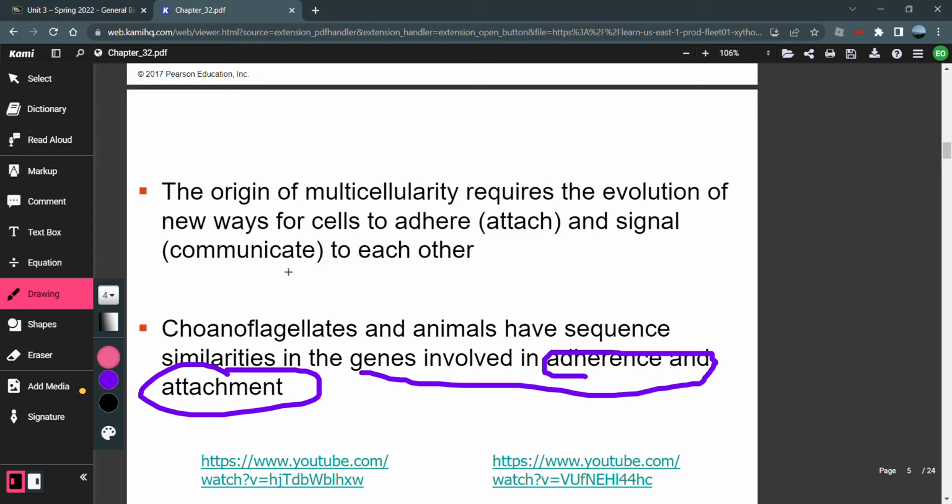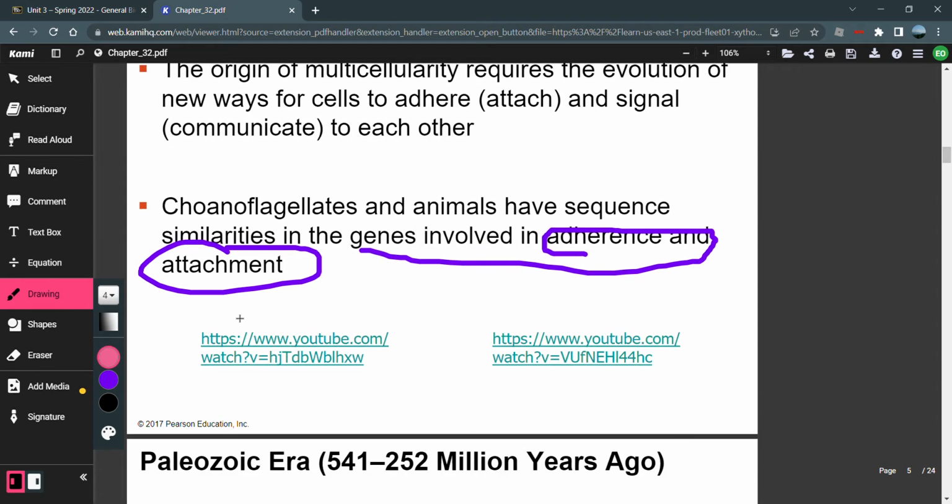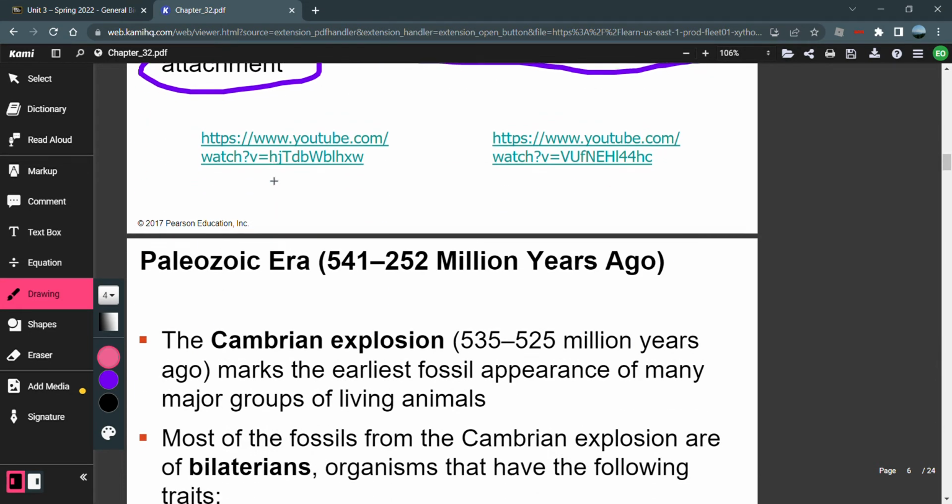They have signals, whether through proteins or chemicals, to communicate to each other, because tissues have to communicate for the organism as a whole to maintain homeostasis and balance with the environment. Choanoflagellates and animals have sequence similarities in genes involved with adherence and attachment.